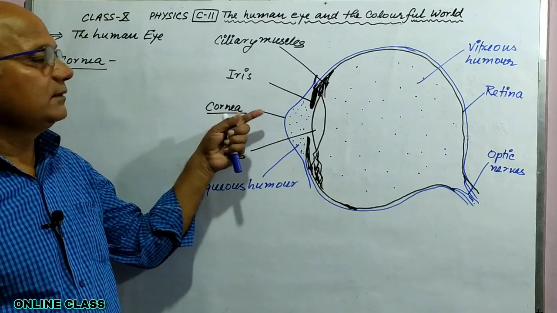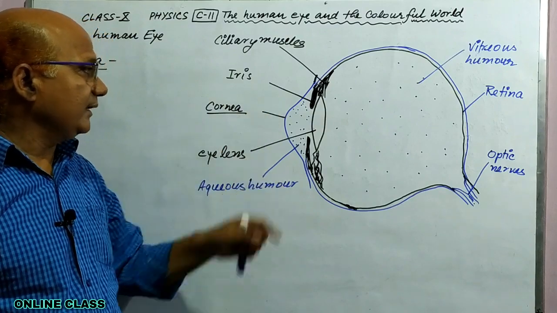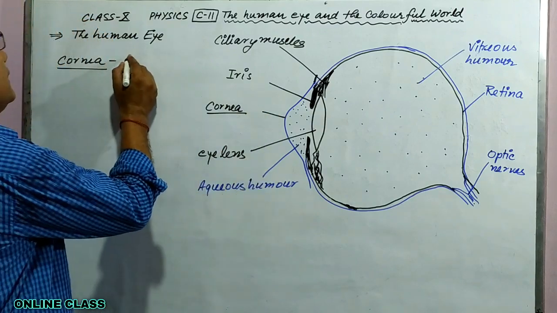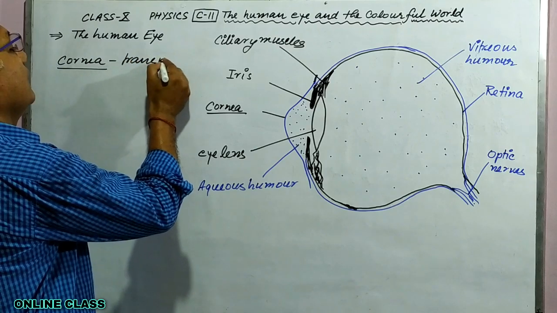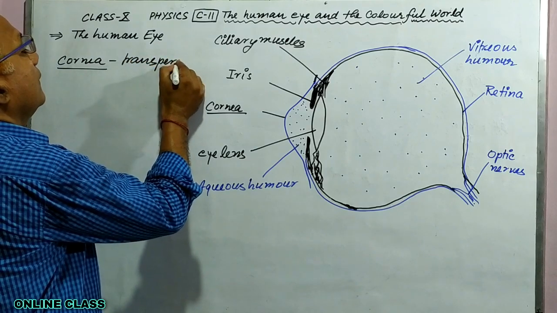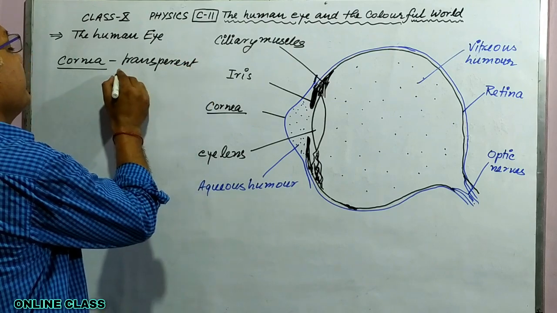The light enters in our eye through cornea, so it is transparent membrane.